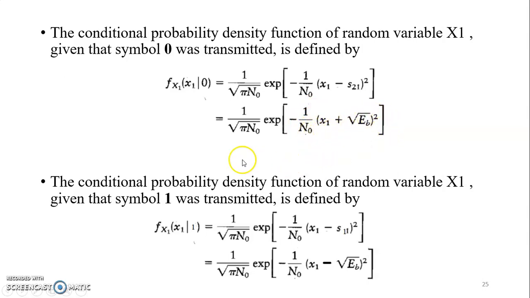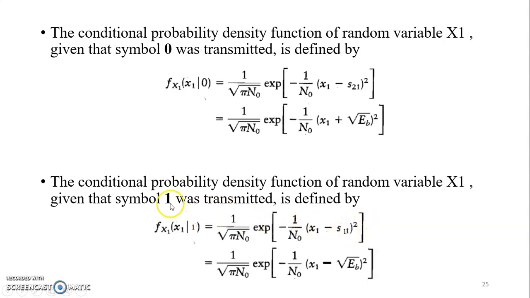the whole square. Similarly, the conditional probability density function of the random variable x1, given that symbol 1 was transmitted, is defined as follows. When 1 is transmitted, we get x1 at the output of the correlator. So fX1 of x1 given 1 is equal to 1 by root pi N0, e raised to minus 1 by N0 (x1 minus S11) the whole square.